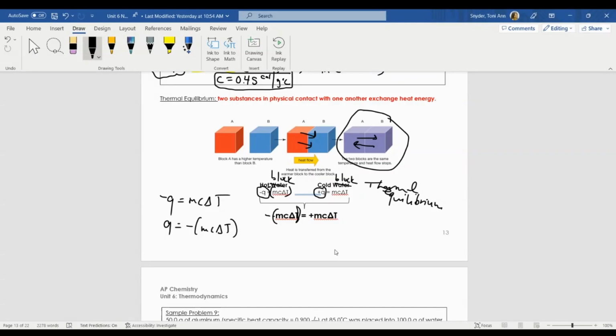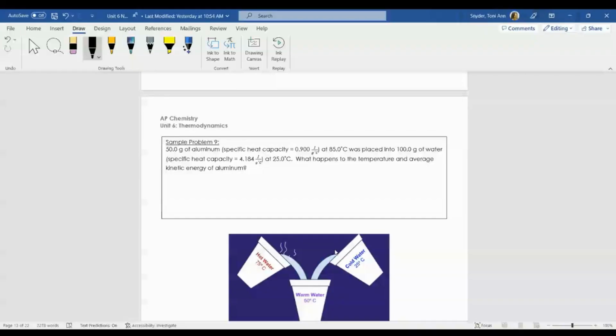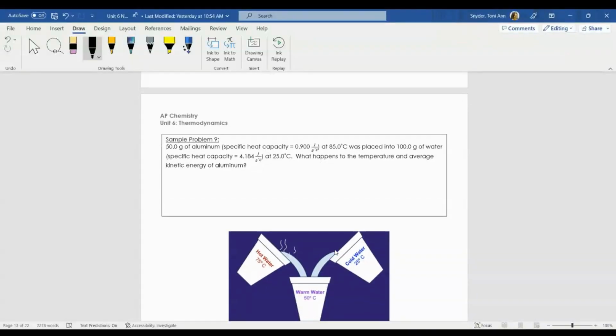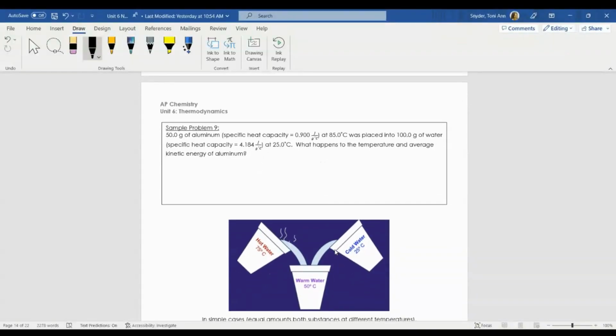Okay, let's take a look at this problem right here. So 50 grams of aluminum at 85 degrees was placed in 100 grams of water at 25 degrees. What happens to the temperature and the average kinetic energy of the aluminum? So you have this hot aluminum placed into about room temperature water. Okay, should be very easy what's happening.